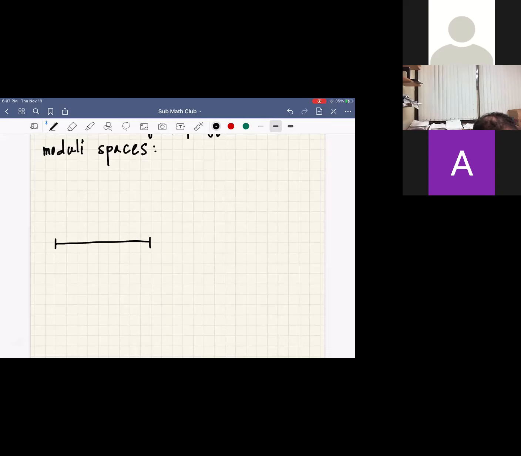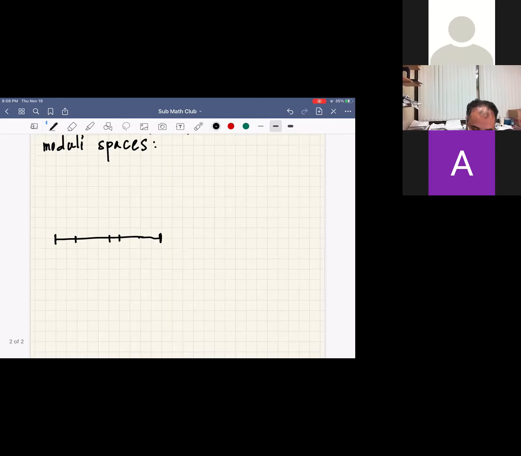So this is the first one, then another one which is short here, and the last one, and let's make it slightly longer. Just think about it as an interval of length 1 that I'm dividing into 4 sub-intervals.